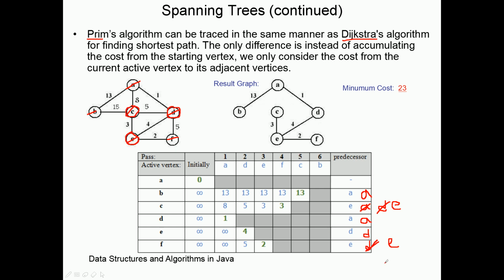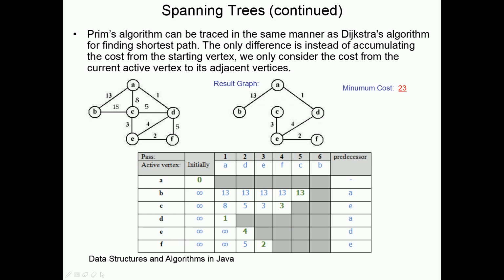So how do we know now? If we'd like to find the predecessor from each one of them, so how to build the tree and to basically find the cost. From each node you just look at the predecessor.